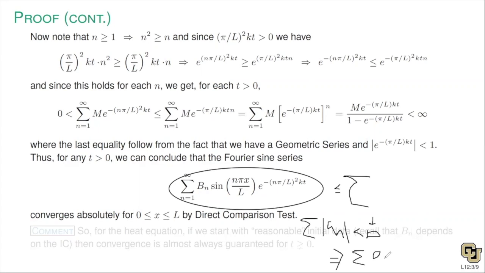And that result you can prove using a direct comparison test. So at the end here, really all I'm trying to say is because I know the series of absolute values of all this converges, we have a theorem from Calc 2 that says the original series converges absolutely. And one of the ways you can prove that theorem is using direct comparison tests. So that's kind of why I worded it that way.